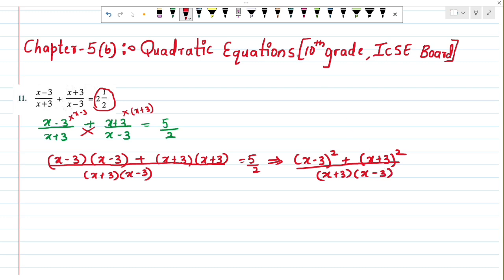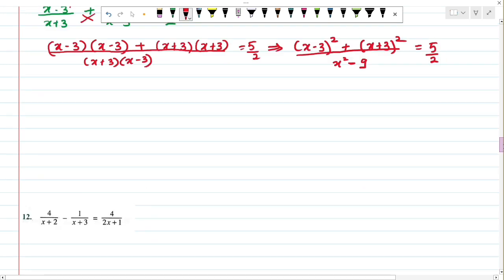This is in a plus b and a minus b form, so a plus b and a minus b can be written as a square minus b square, that is x square minus 9. Which is equal to 5 by 2, right?